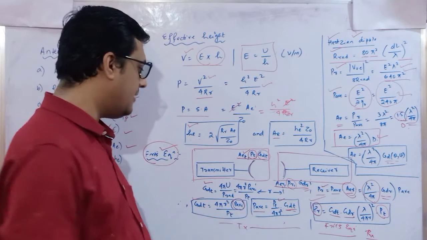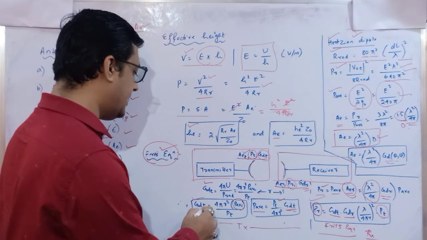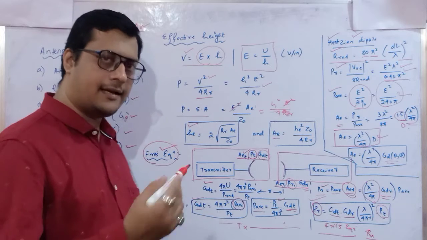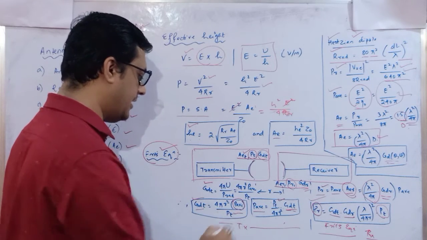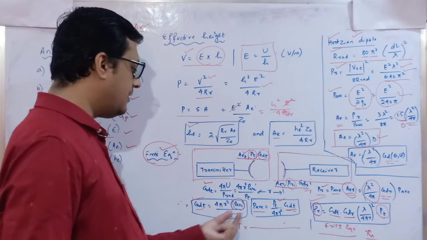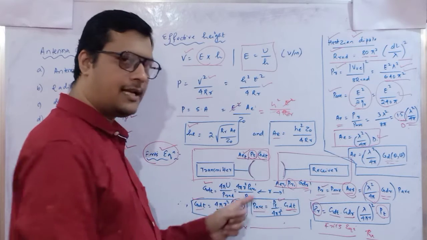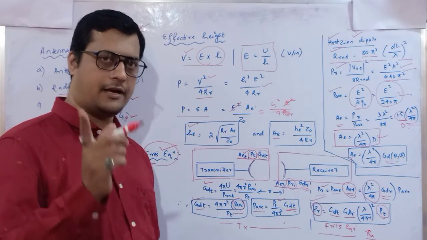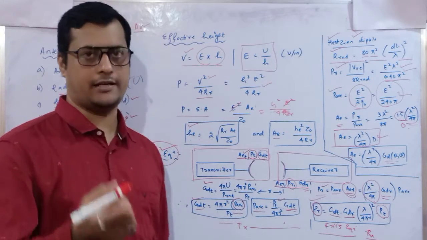So G_DT equals 4 pi R squared into average power divided by the transmitted power, also called the radiated power. This is the G_DT value. The same average power can be related as P average equals transmitted power divided by 4 pi R squared into G_DT, in terms of directive gain.